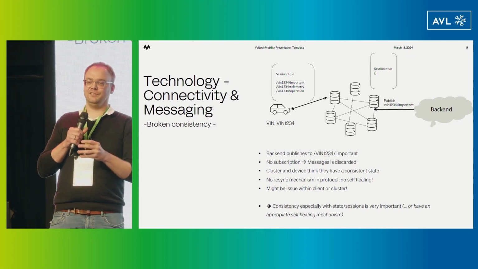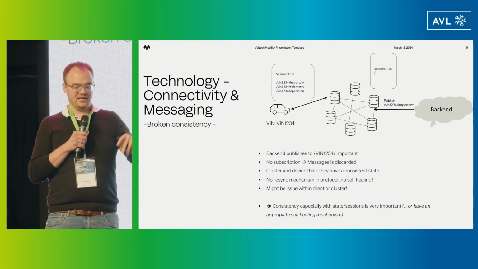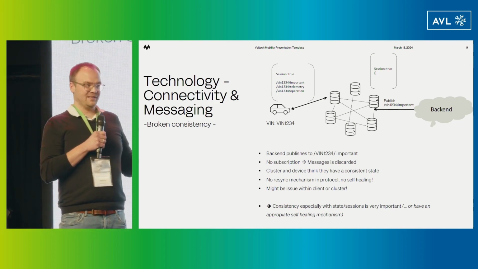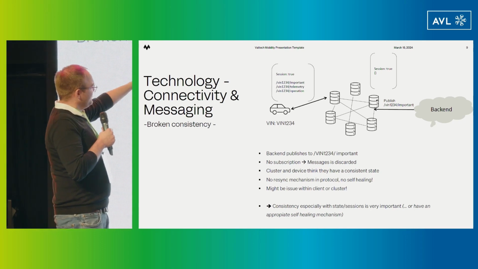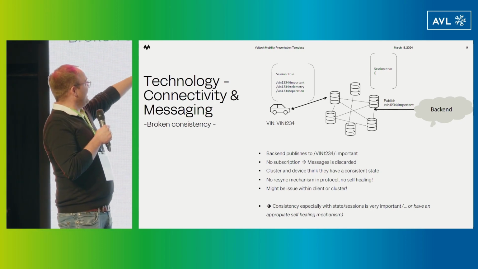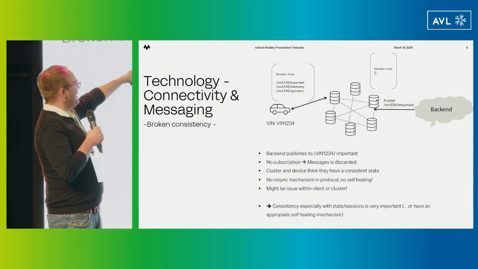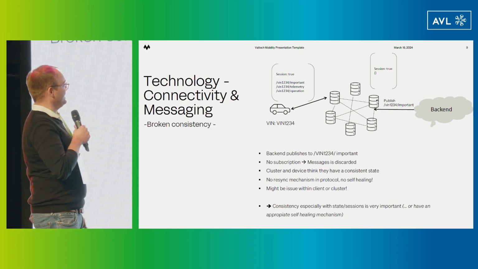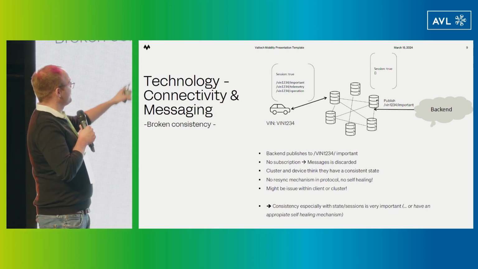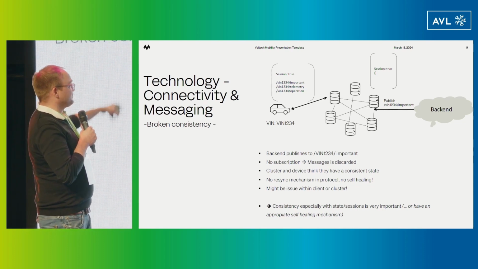Those things are quite interesting, but it gets even more interesting, and those are sometimes interconnected, because with some failing nodes and failing synchronizations in cluster protocols, you might come to state mismatch. What do I mean by that? Maybe we saw those things in live environments. The car might think that it has a session, as most of those protocols are quite stateful, and it is subscribed to some MQTT topics.